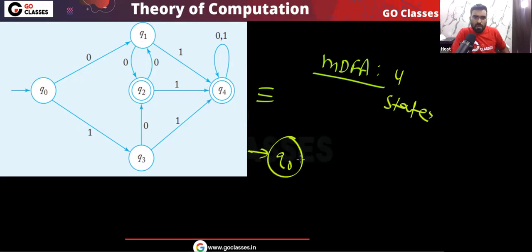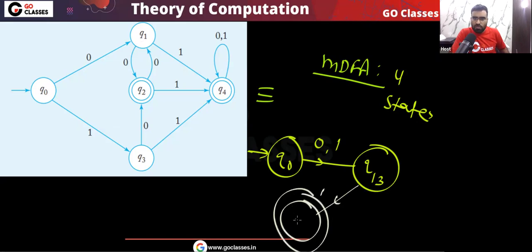There is Q0. On 0, 1, we will go to Q13. And from Q13, on symbol 1, we will go to Q4, and on symbol 0, we will go to Q2.